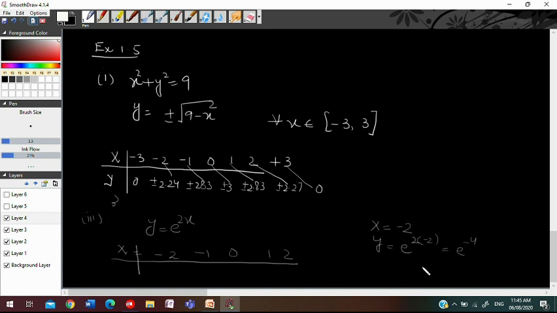You can give the value 2.7 to the power minus 4. You can calculate this value, and it will be equal to 0.02, then 0.14, 1, 7.39, and 54.6.